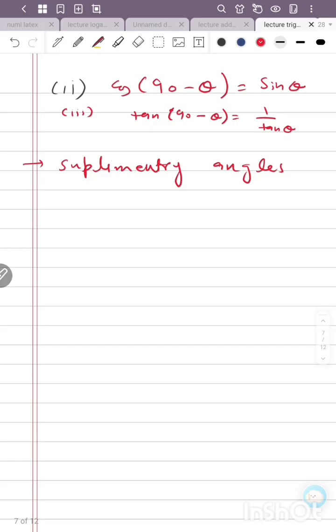Supplementary angles. Here, sine 180 minus theta. We apply a similar fashion. Here alpha is equal to 180 and beta is equal to theta.